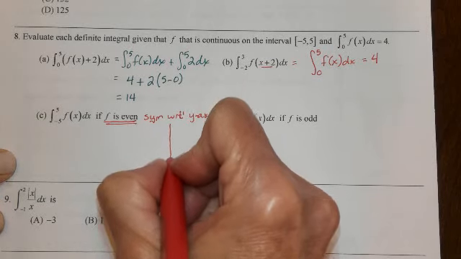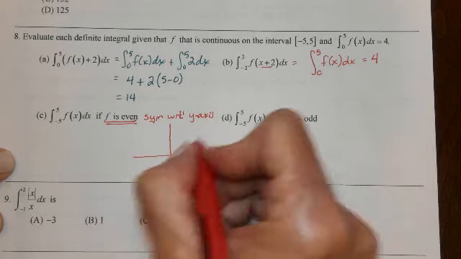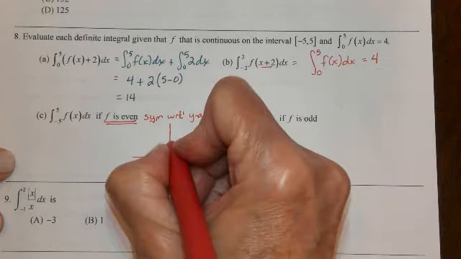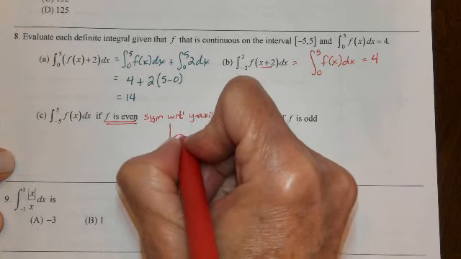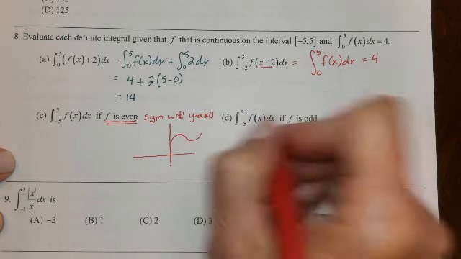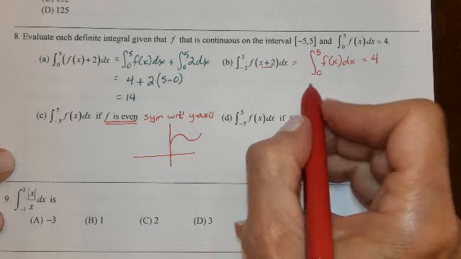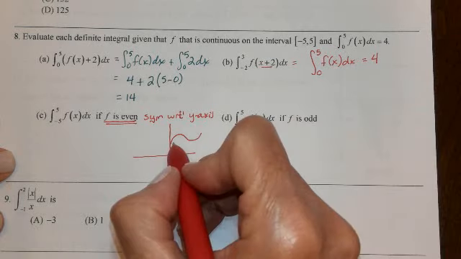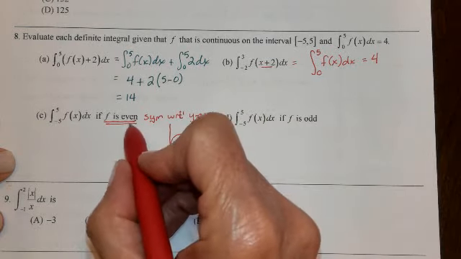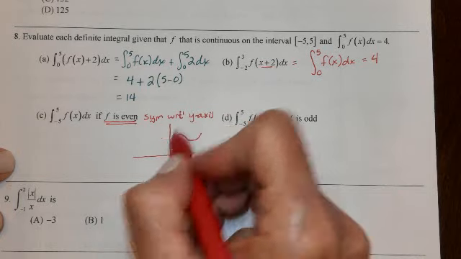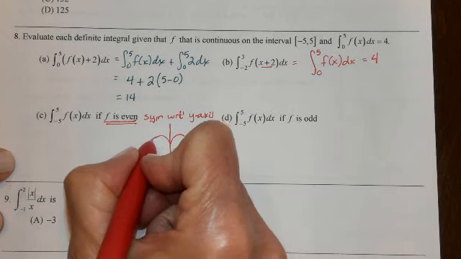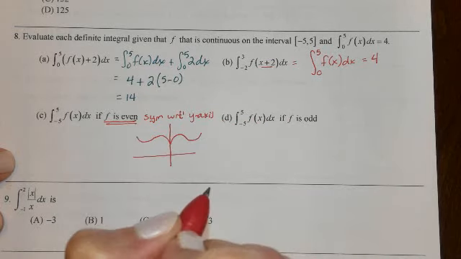So a possible graph for this function, if f of x looks like this, just any function, if f of x from 0 to 5 looks like this, and it has symmetry with respect to the y-axis, then it must be like that.